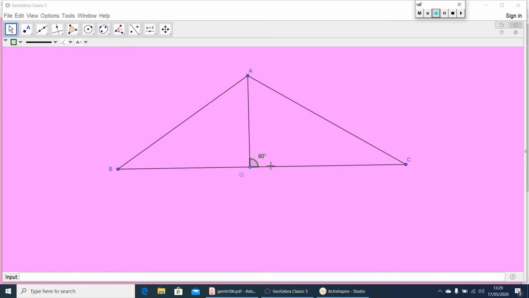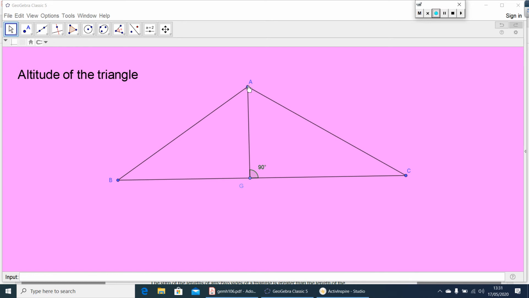Now look at the measure of this angle. It is 90 degrees. That means this is a perpendicular. So this perpendicular distance we can call the altitude of the triangle.